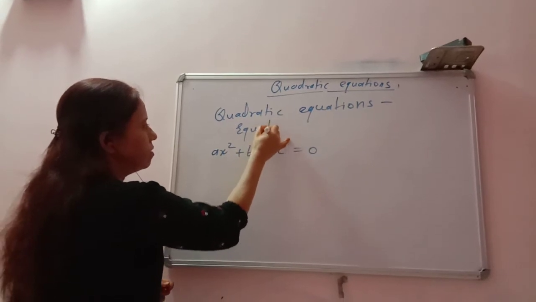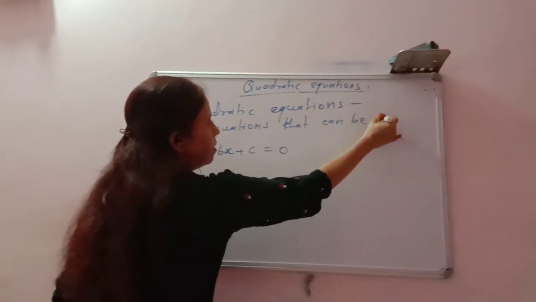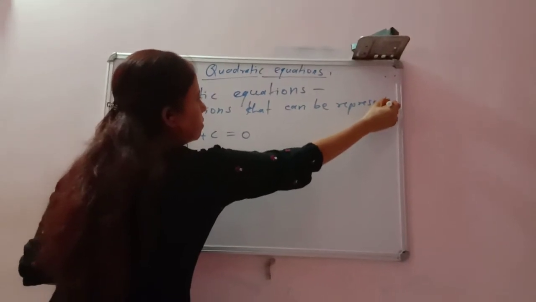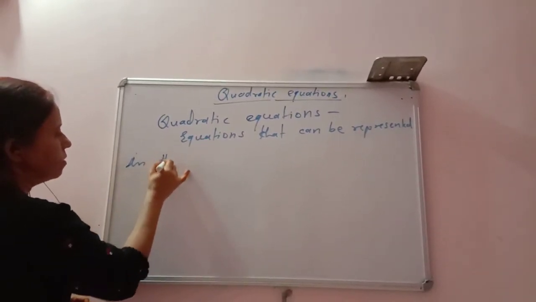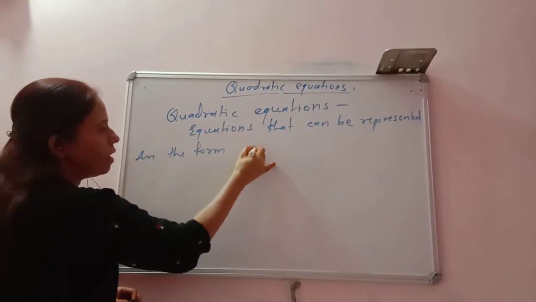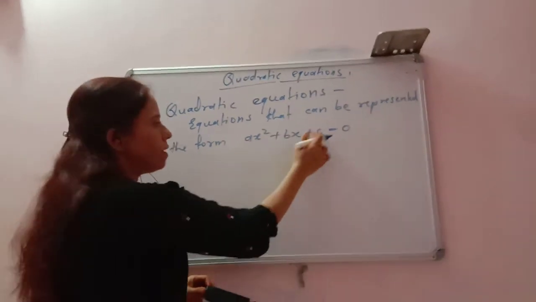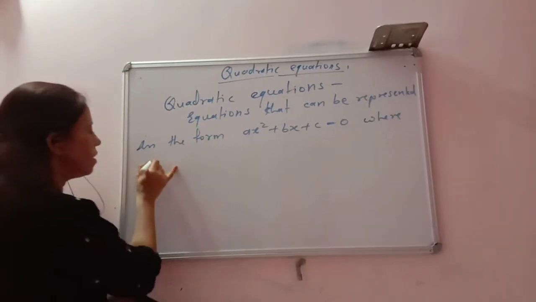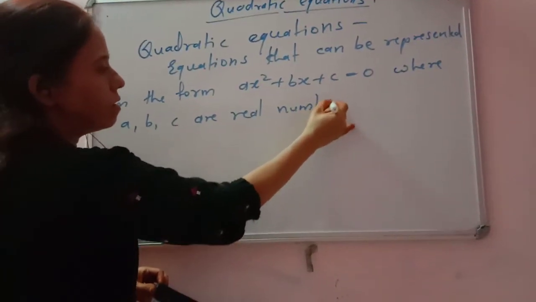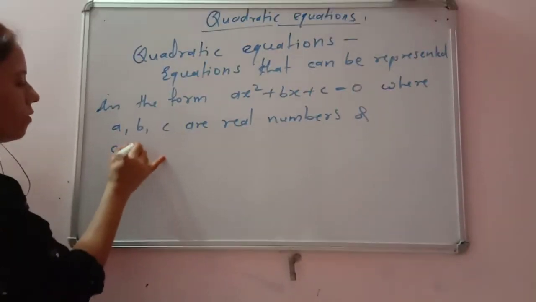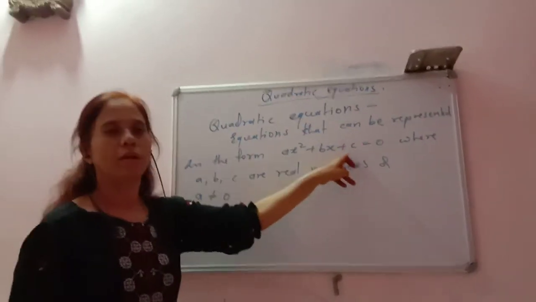Equations that can be represented in the form ax square plus bx plus c equal to 0, where a, b, c are real numbers and a never equal to 0, because when a becomes 0, this term will get cancelled and that equation will be a linear equation.